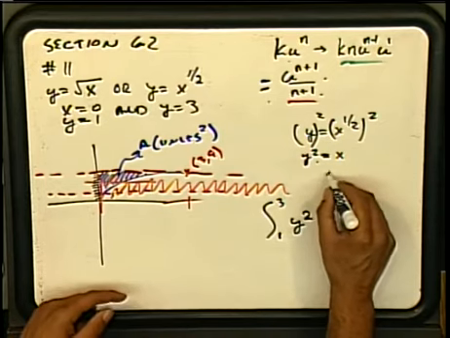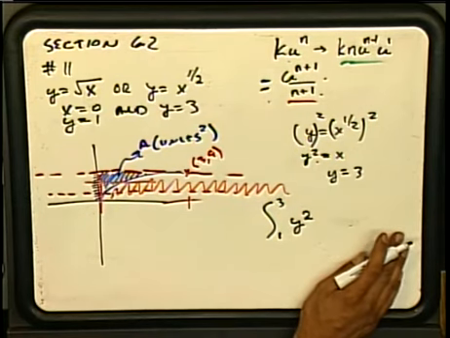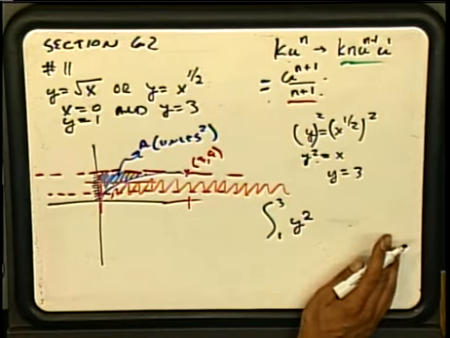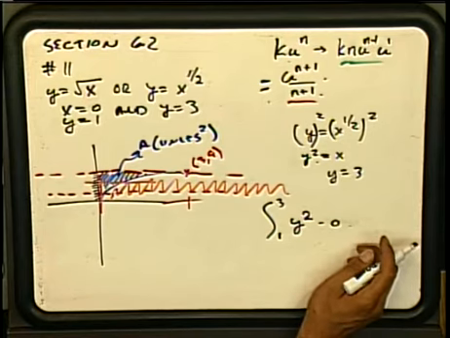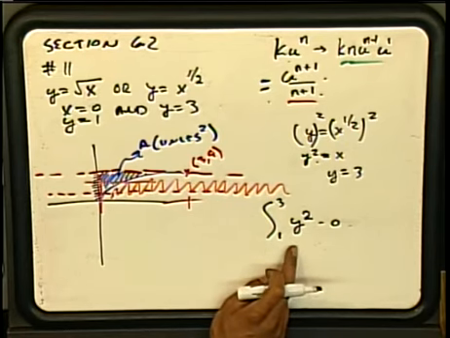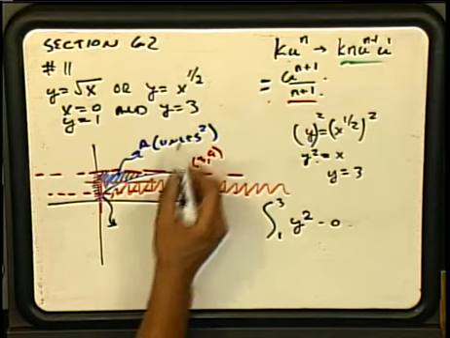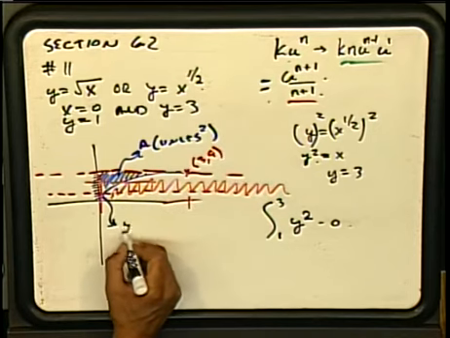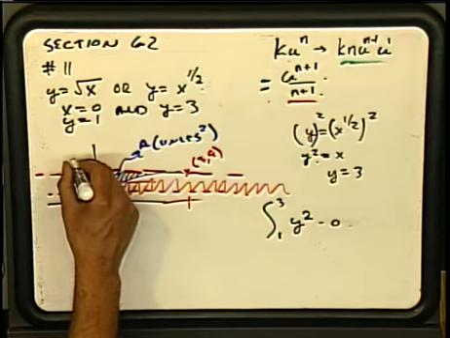Solve this, y equals 3. X is 0 minus 0. Because this is not x to the, it's y squared now.